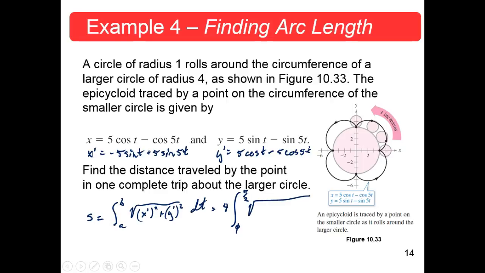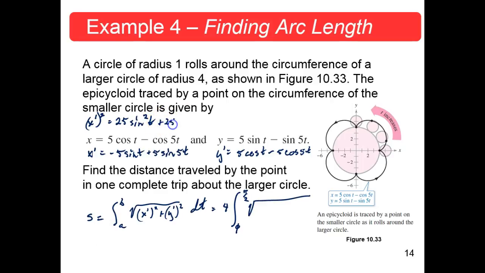Okay. Now we got to square both of those. Okay. So x prime squared, right? That's what we need here, is equal to, you tell me, 25 sine squared t. Okay, I think you may be leaving something out, but I'll go and write it down.